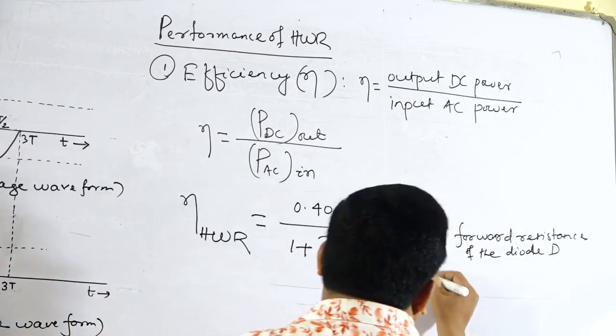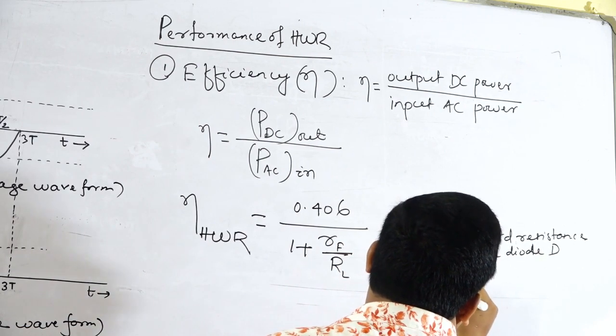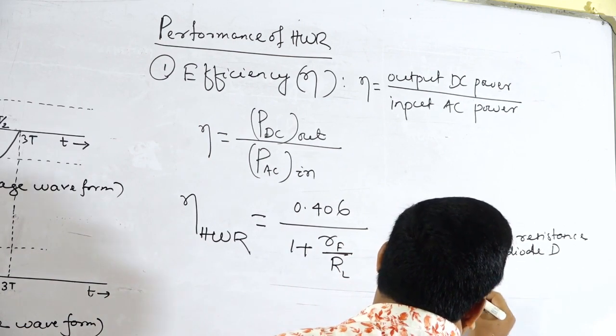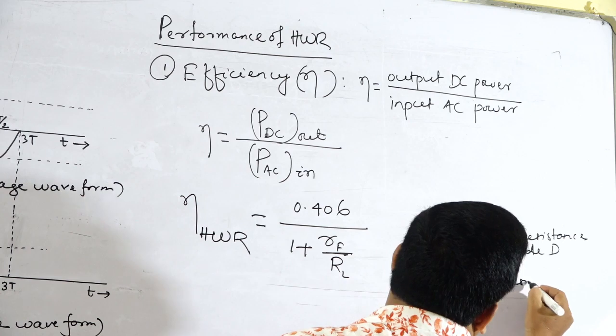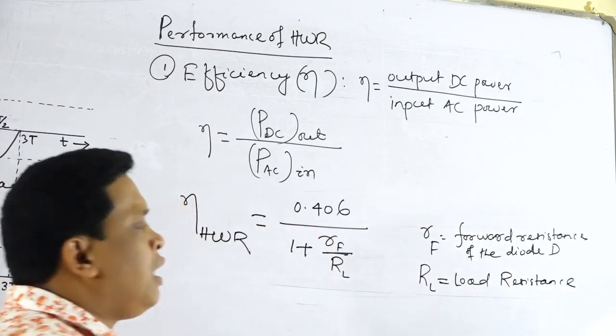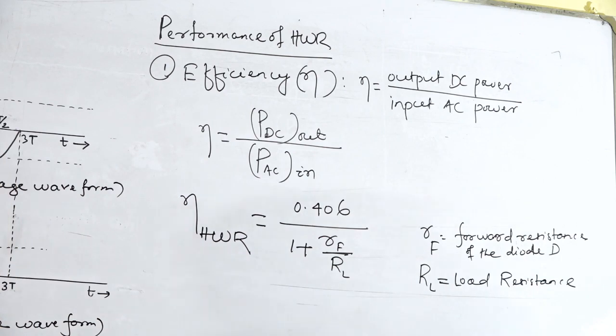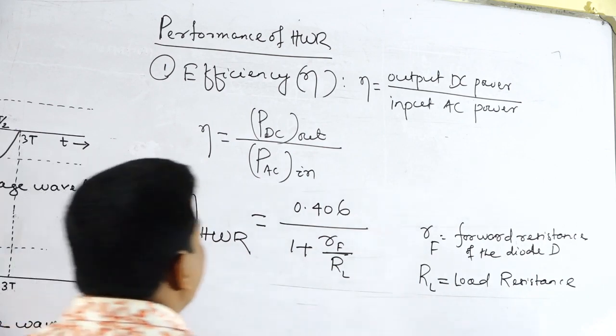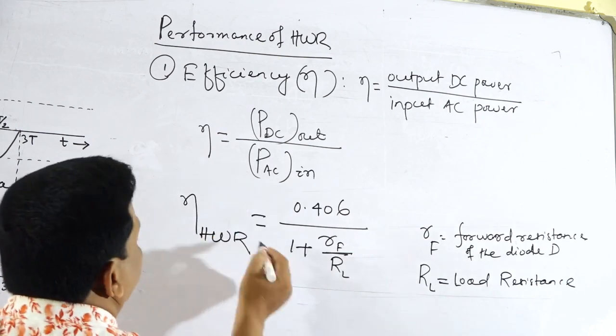And what is RL? RL is the load resistance, the resistance which we have connected along with the diode to get the output. So this is the formula.